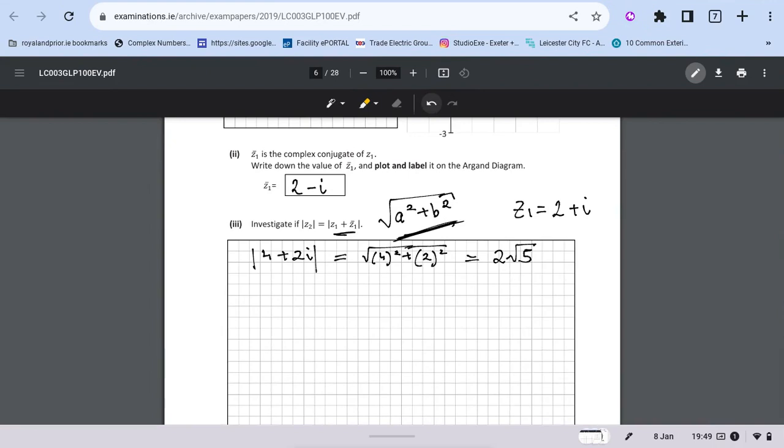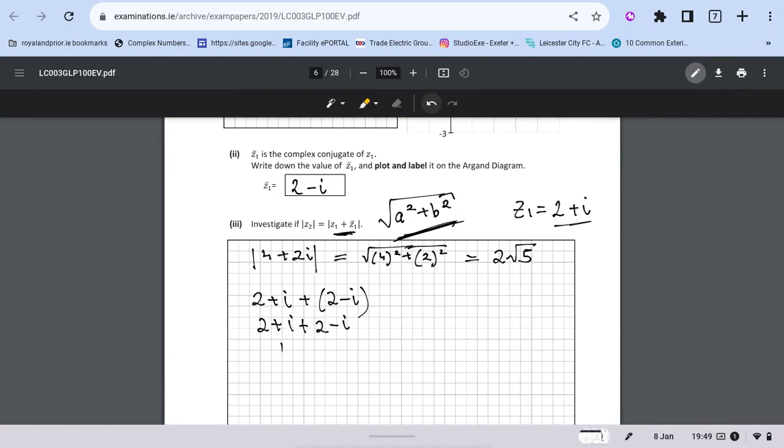Now the second bit is we're going to have to add these up together first and then find the modulus of the answer. So Z1 is 2 plus i plus its conjugate there, 2 minus i. Remember, you only necessarily need the brackets when it's a minus, but get into the good habits.